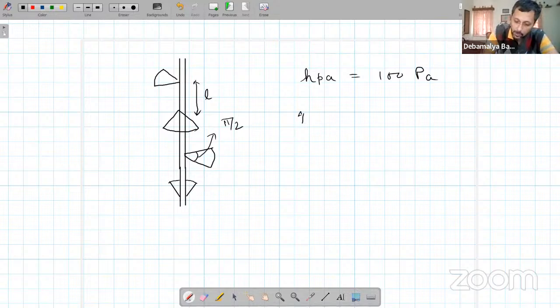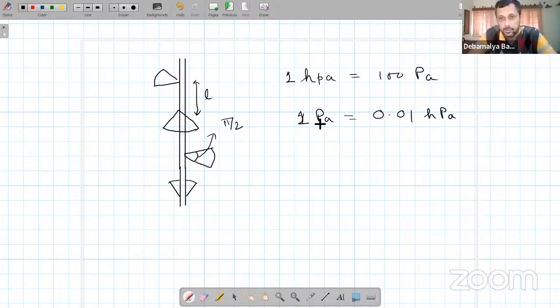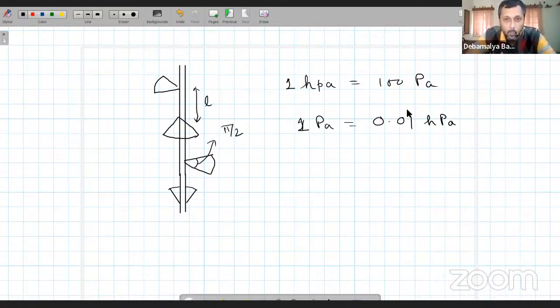So 1 Pascal should be equal to 0.01 hectopascal, and that's it. You are just confusing the two conversions. 1 hectopascal is 100 pascals is correct, but 1 hectopascal is 0.01 pascal cannot be correct simultaneously. So this is where we stand.